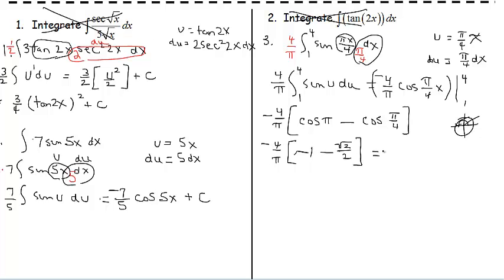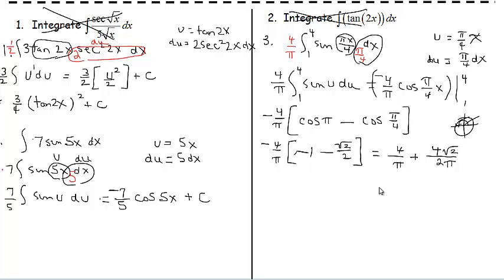If I distributed the -4 over pi, I'd get positive 4 over pi plus 4 square root of 2 over 2 pi. And I could cancel here the 2 and the 4 and simplify that.